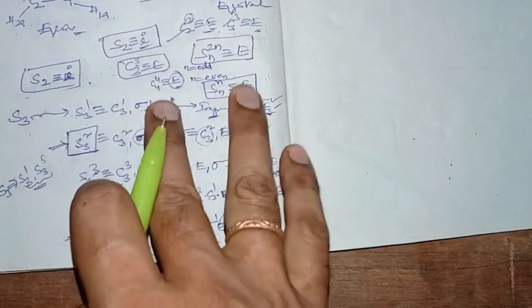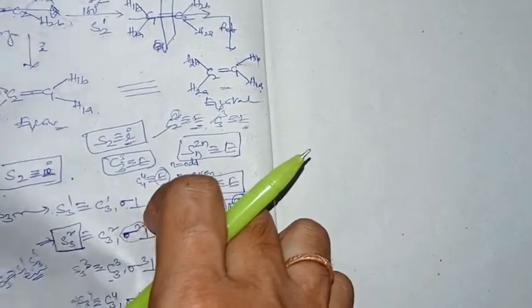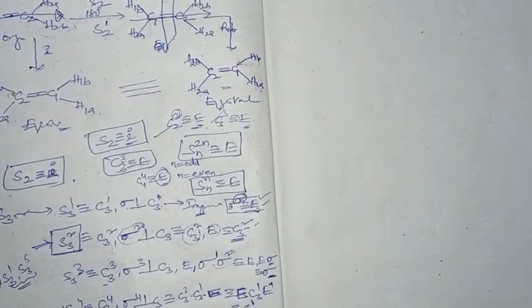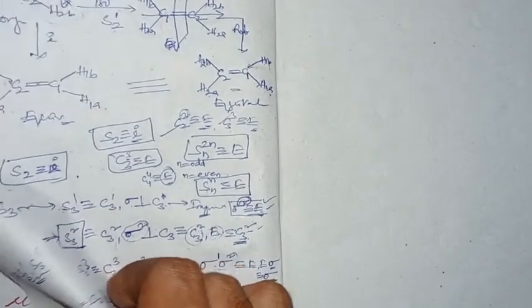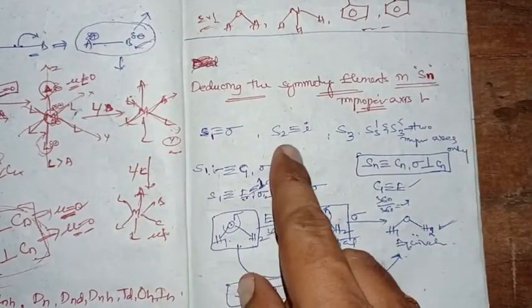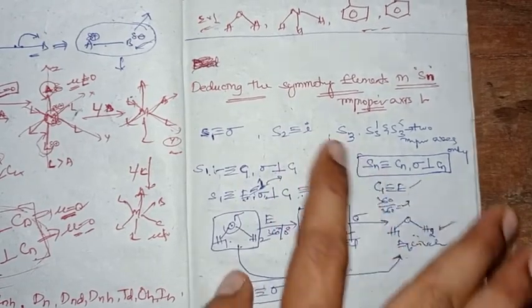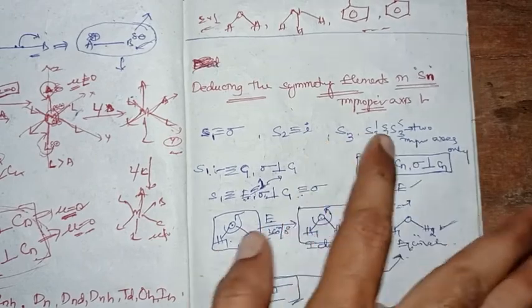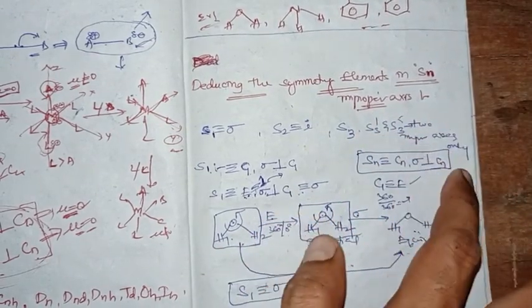In the improper axis there are certain elements we can describe. S1 is equivalent to the plane of symmetry, S2 is equivalent to the inversion center, and for S3, S3^1 and S3^5 are the only two improper axes.